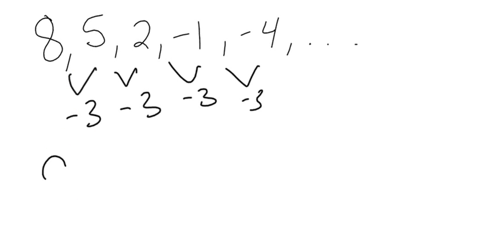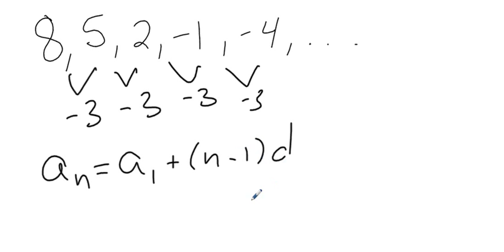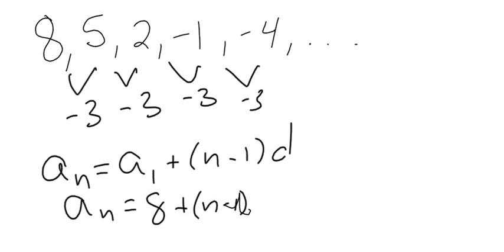Well, that would be a sub n is equal to a sub 1 plus n minus 1 times our common difference. Well, a sub 1 is equal to 8. n minus 1 is going to stay the same because that's how you get the terms in your function.